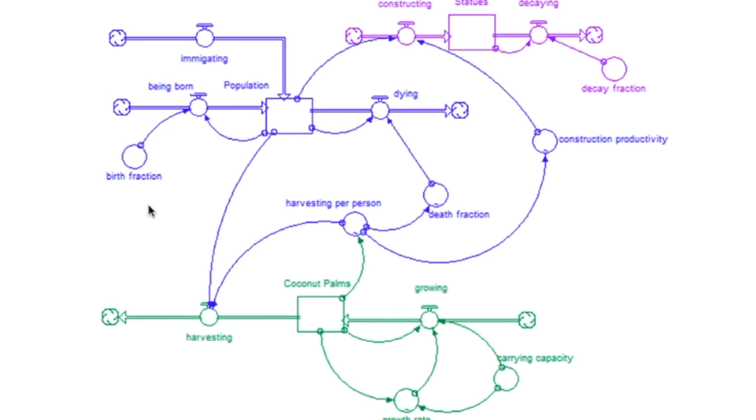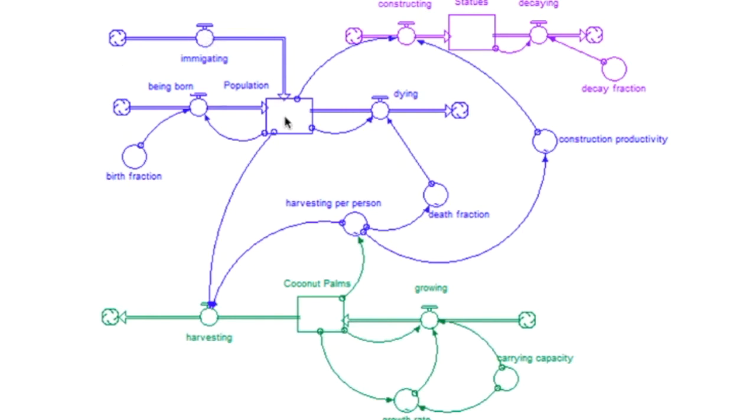One of the first behaviors that we started discussing was the linear growth or decay. In the example of Easter Island, immigration was seen as a constant value. So if you need to provide information in your stock and flow diagram submitted to Stella, it will ask you for a specific value, not an equation.